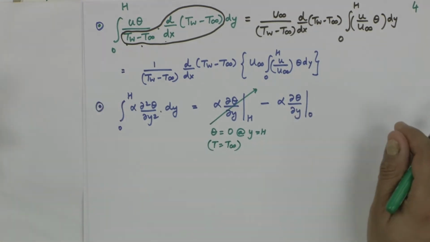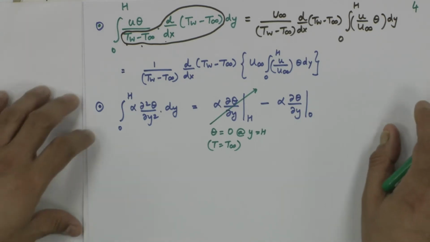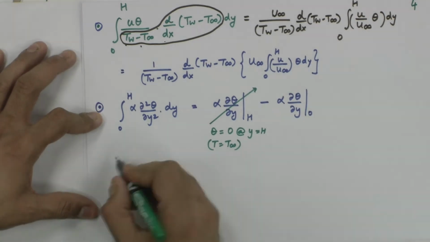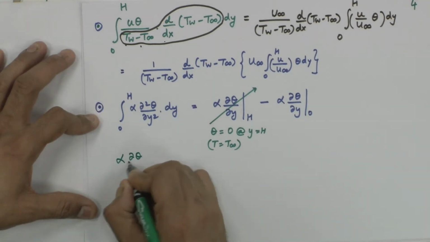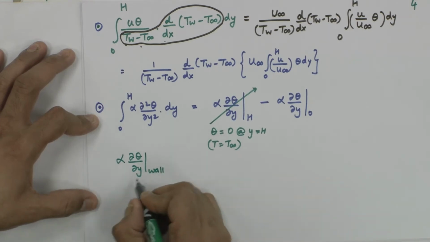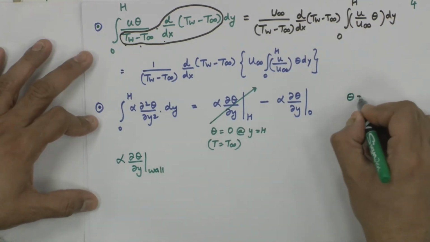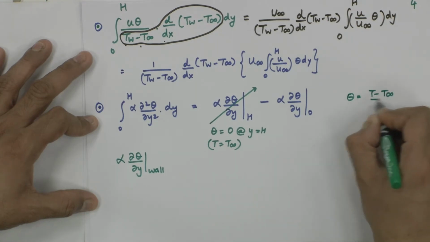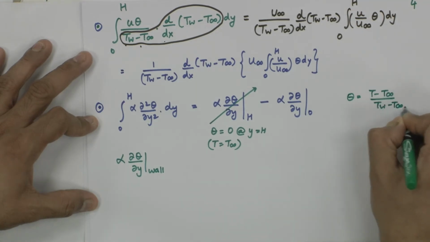We are left with minus alpha d theta by dy evaluated at the wall. What is this quantity? Let us consider alpha d theta by dy evaluated at the wall. What is theta? T minus T infinity by T wall minus T infinity.